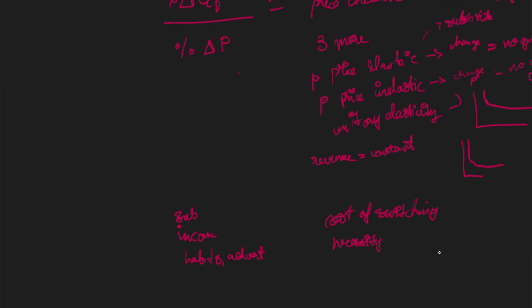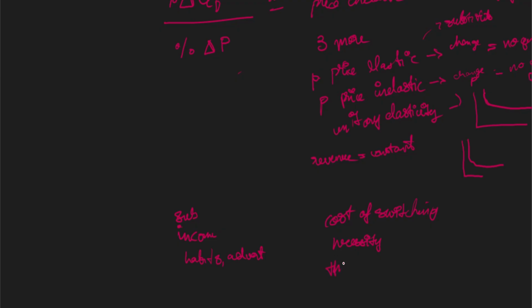But something like, let's say, food, maybe a packet of rice, you're going to need it. So you will pay, if it used to be $1 last week and now it's $10, you're going to pay that price. Most likely going to pay that price if you can afford it because you need it, right? And time is another determinant.